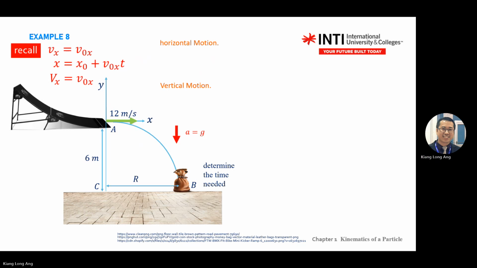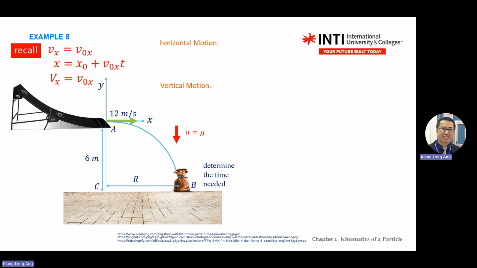You don't need to memorize this. You only need to memorize the 3 Newton equations, and then ask yourself, what is my acceleration in the x direction? If it's free fall, the x direction is always 0. So ax is 0, and you arrive at the 3 equations there.